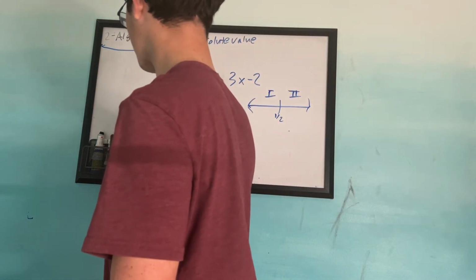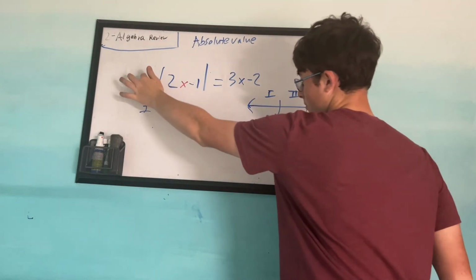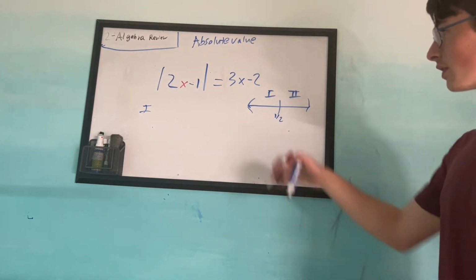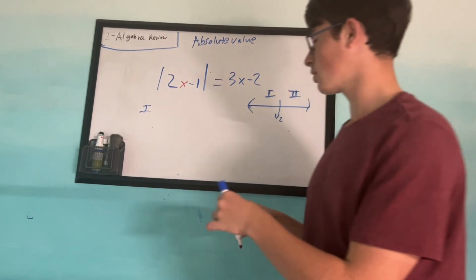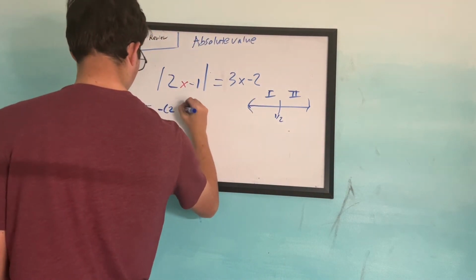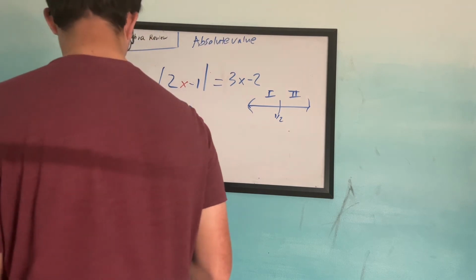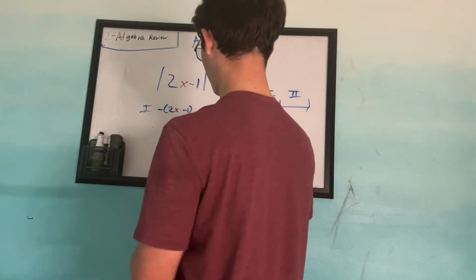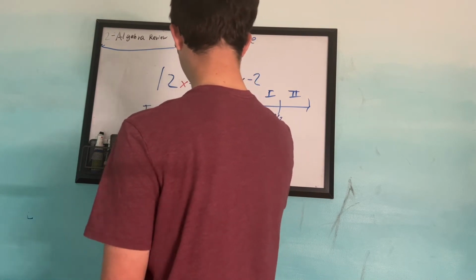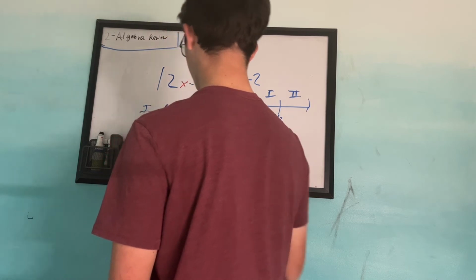Case 1, we're going to consider when this is negative, but we can multiply this by negative to make the function itself positive, equals 3x minus 2. So this is going to be negative 2x plus 1, really, equals 3x minus 2.